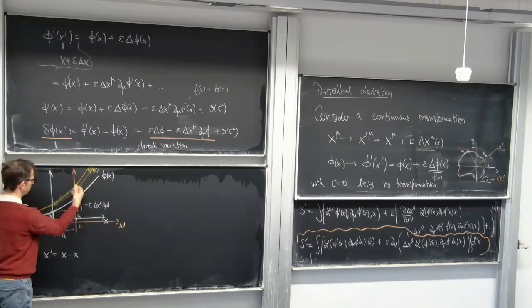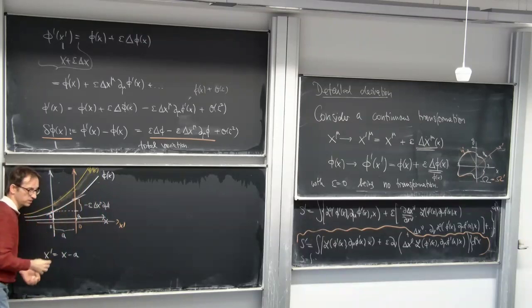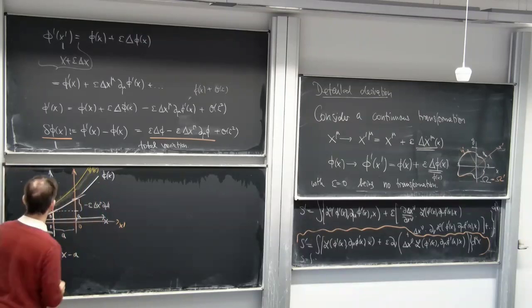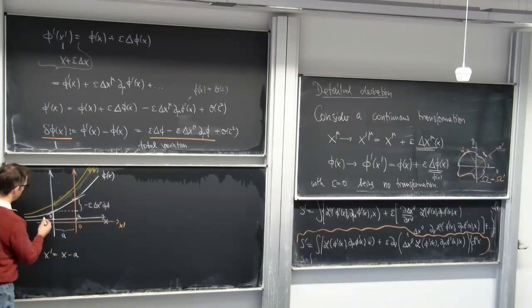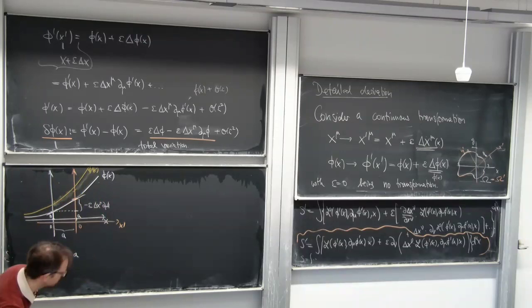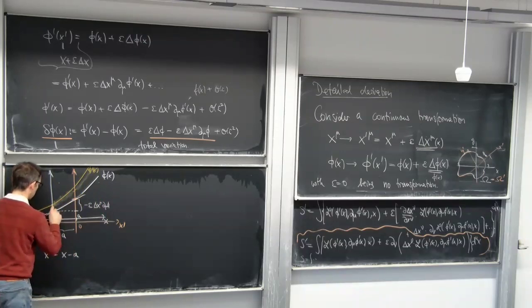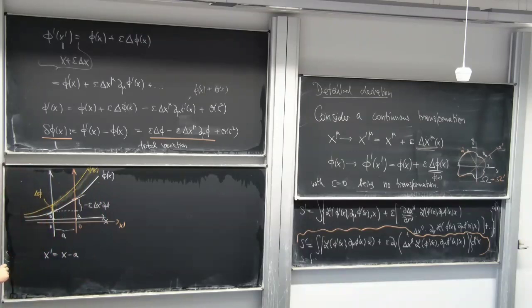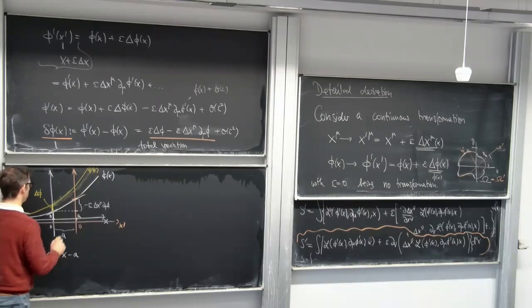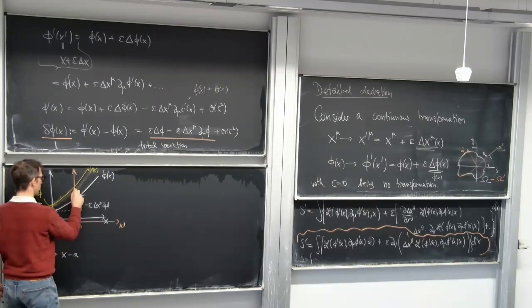This is the new field, which has just doubled, and you can express it in terms of the x or the x prime. And this bit here is delta phi. To be more honest, it's this.